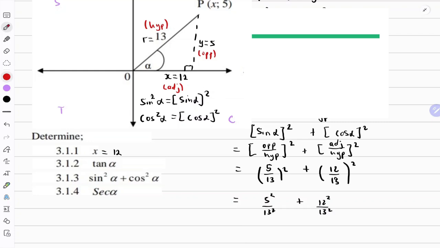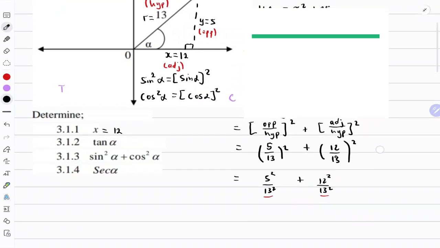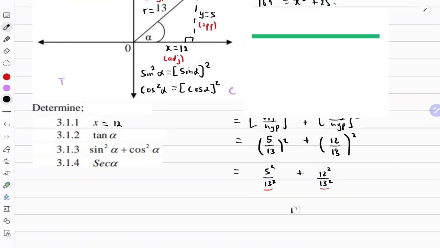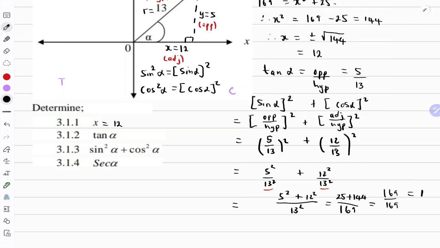The lowest common denominator is 13 squared here, so in the numerator we have 5 squared plus 12 squared. 13 squared is 169, 5 squared is 25 plus 144. So this is 169 over 169, which is equal to 1.